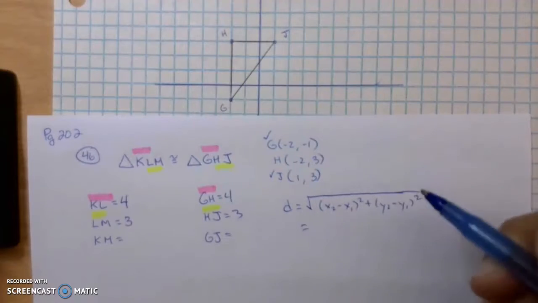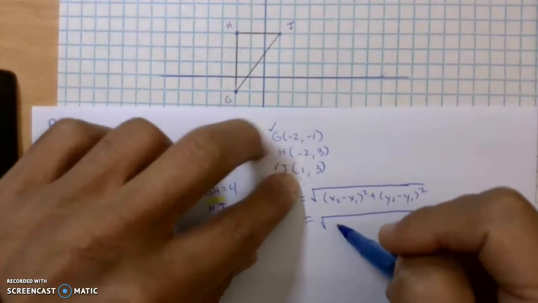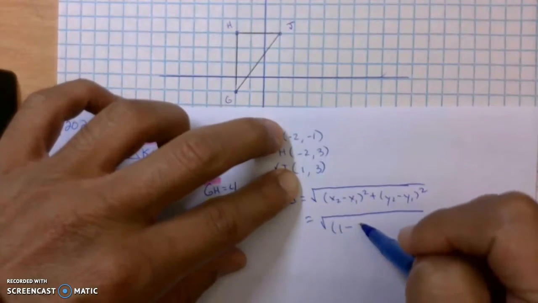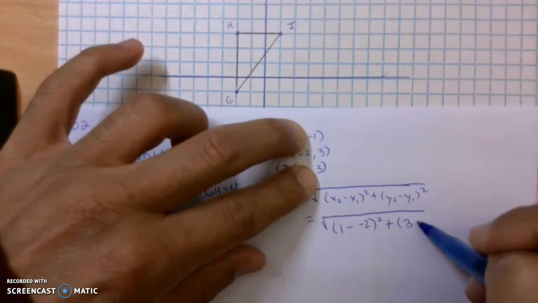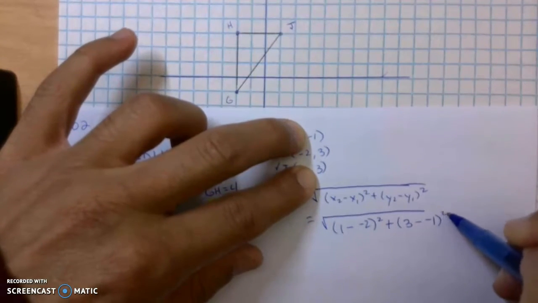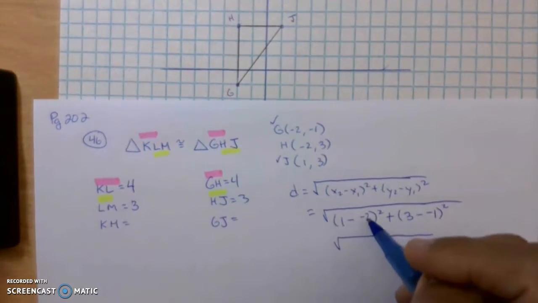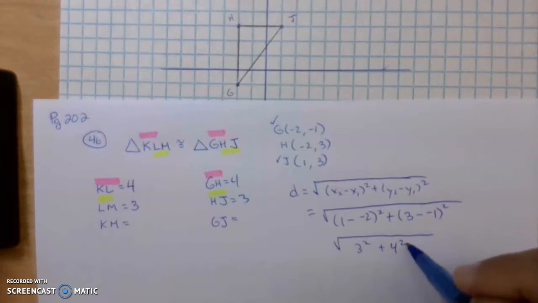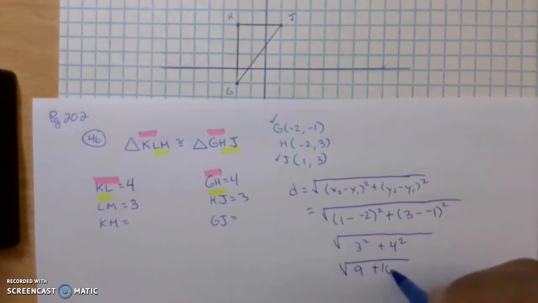So for this particular problem, I'm using the top two, this is 1 and negative 2, we'll square that, plus we'll subtract the y's, 3 minus a negative 1, and we'll square that. 1 minus negative 2 is 3 squared, plus 4 minus negative 1 is 4 squared. 3 and 4, which is 9 plus 16, which is the square root of 25, which is 5.